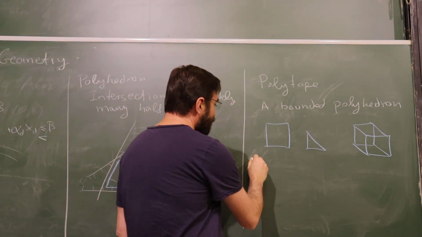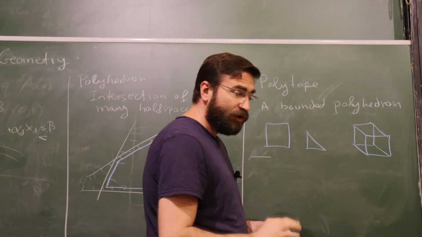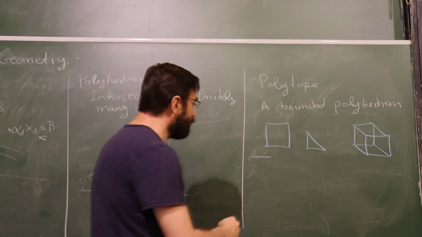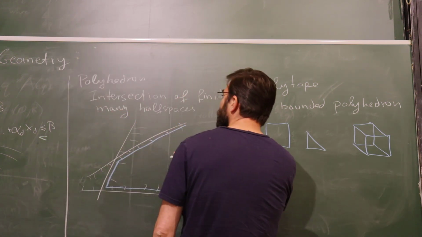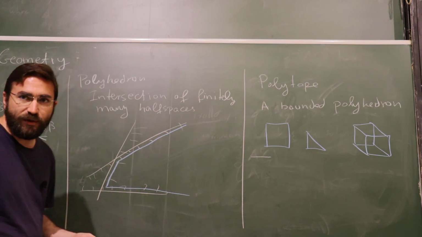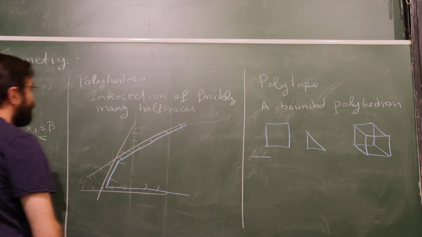And we have 2 representations of polytopes. This definition is the intersection of finitely many half spaces. This is what we call the H representation.